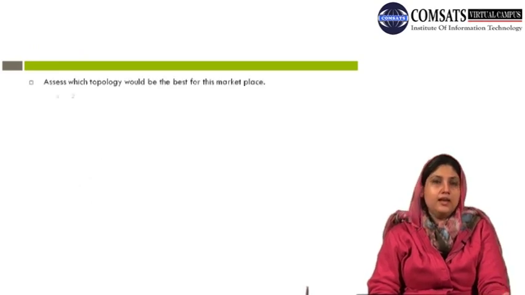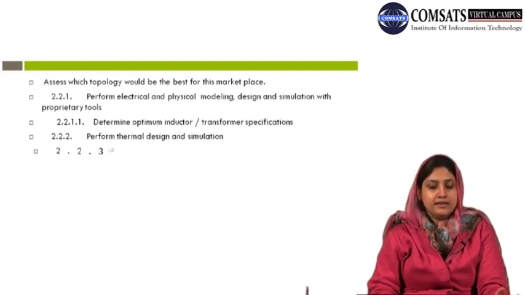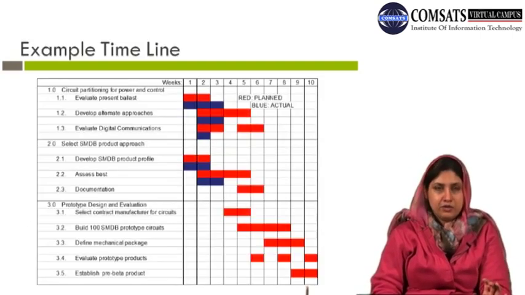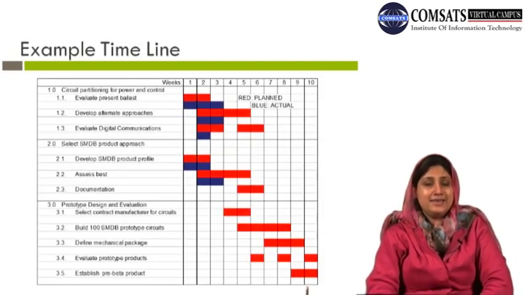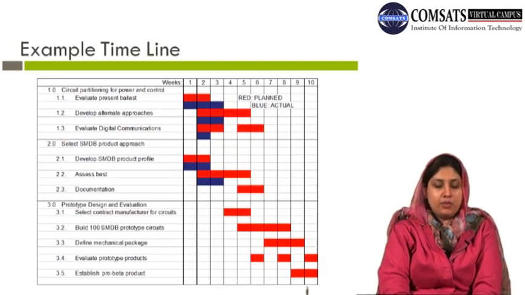All right. Now you need to assess which typology would be the best for this marketplace, and these are the different tasks that you would like to go on. And again, you have a timeline like this. Look at the screen. You show your weeks. You number them.